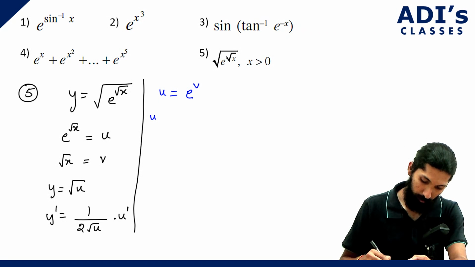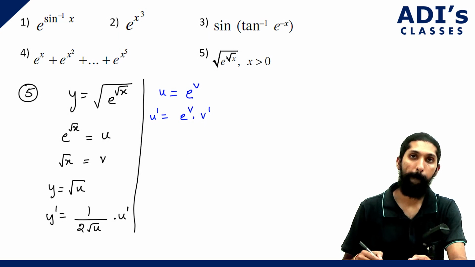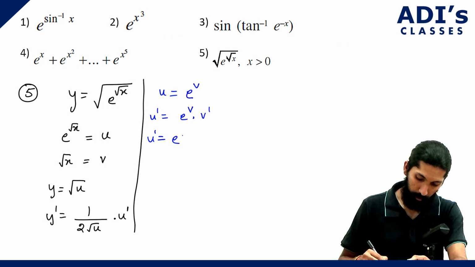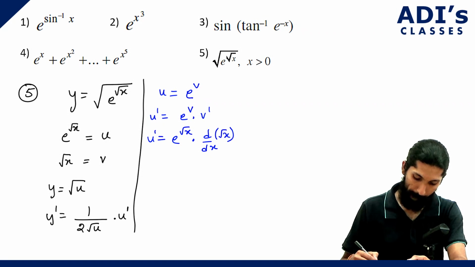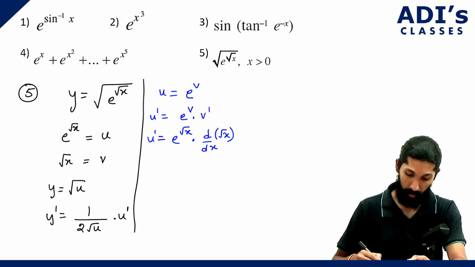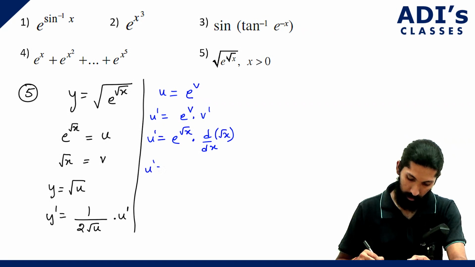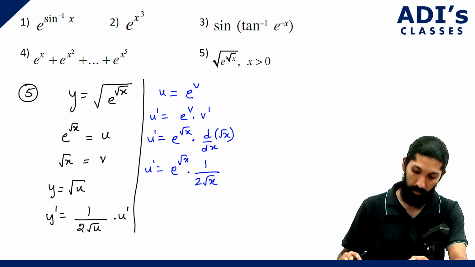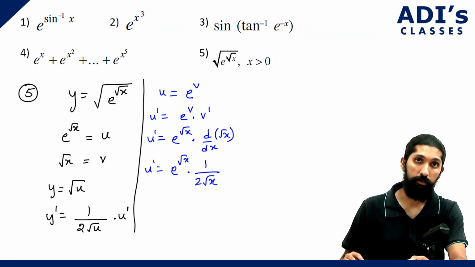So u dash will be e power v into v dash, correct? Or u dash is e to the power of root x into d by dx of root x, isn't it? So u dash will be e power root x into 1 by 2 root x. Derivative of root x is 1 by 2 root x.